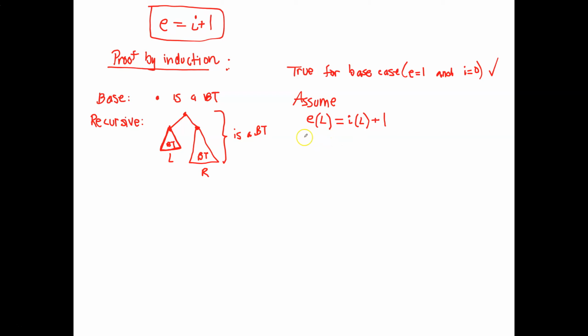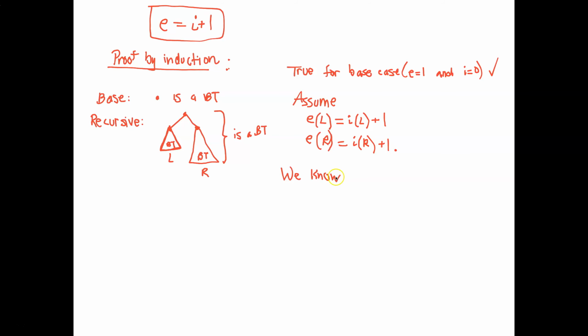And also for our right subtree: the number of external nodes in our right subtree is equal to the number of internal nodes in our right subtree, plus 1. So we're going to start off by assuming that this is true. Something we can use is the definition of what it means for something to be internal or external.